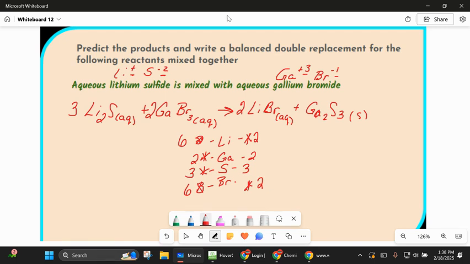Which means now this 2 that I put in earlier is too small. So I'm going to take it out and replace it with a 6. 6 and 6. Now, you will not get this to balance if you do not get these subscripts correct in your formulas.